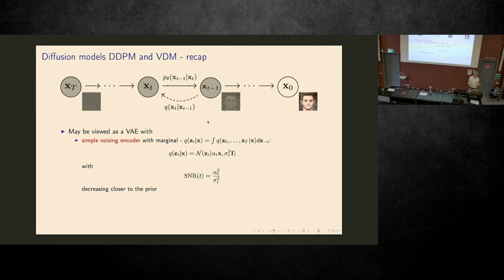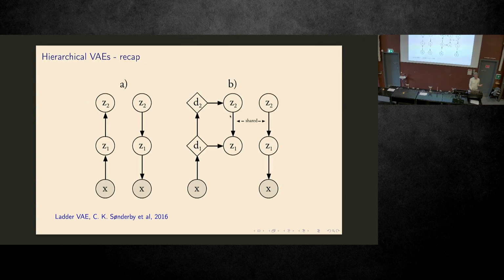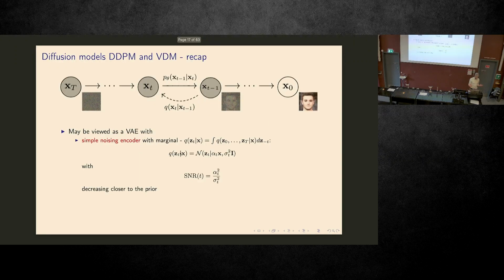Another thing that we spent a lot of time on when we built these ladder variational autoencoders was that we made very advanced models here. They were neural networks of more or less the same size as the generative model. But in the DDPM world, we make the encoder very, very simple.